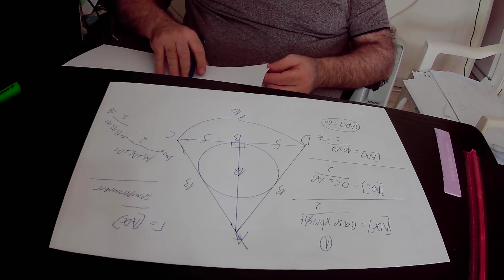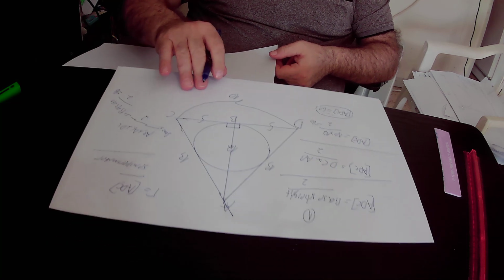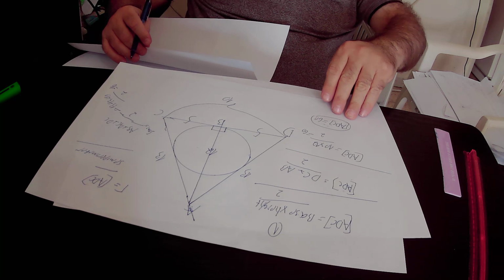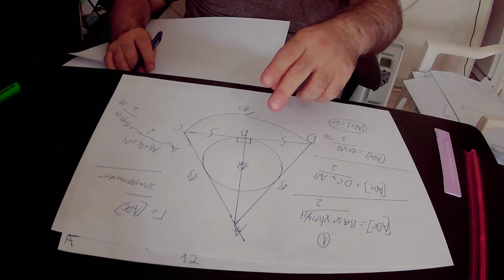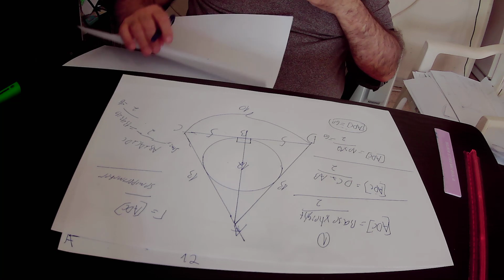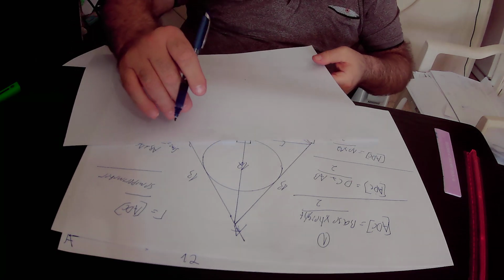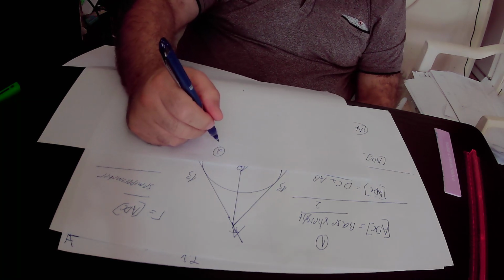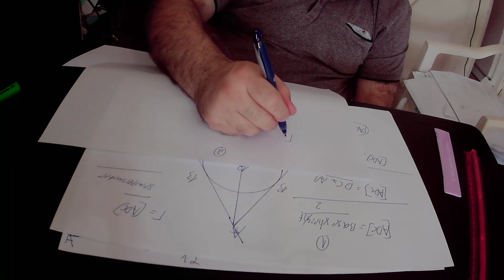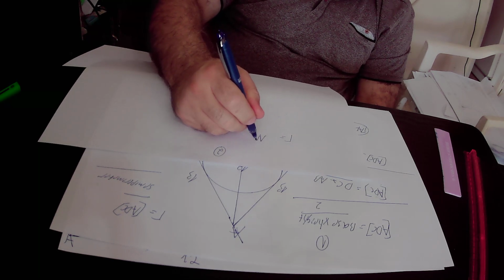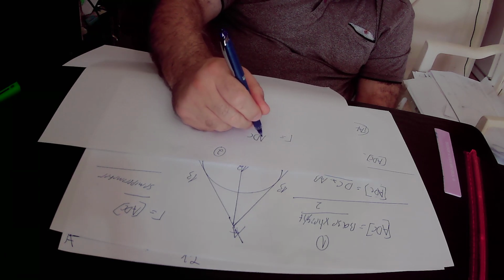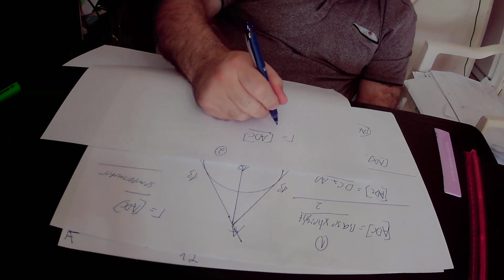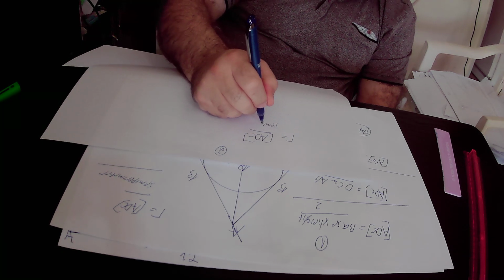So the radius of the semicircle is right here. The radius of the circle that is inscribed by a triangle is equal to the area of the triangle that blocks the circle, that is to say the area of triangle ADC, over the semi-perimeter of triangle ADC.